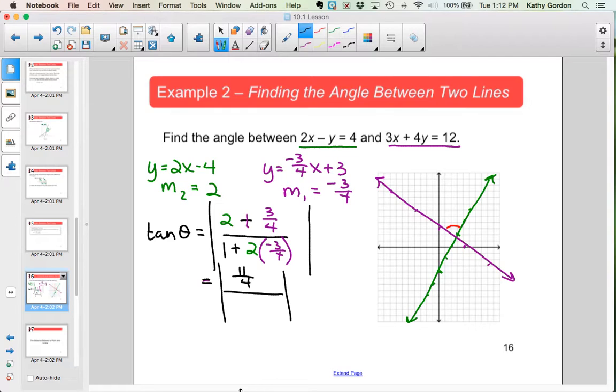Denominator: 1 minus 6/4, which is negative 2/4, or negative 1/2. So 2 times negative 3/4, 2's cancel, that's going to be negative 3/2. Negative 3/2 plus 1, negative 1/2.